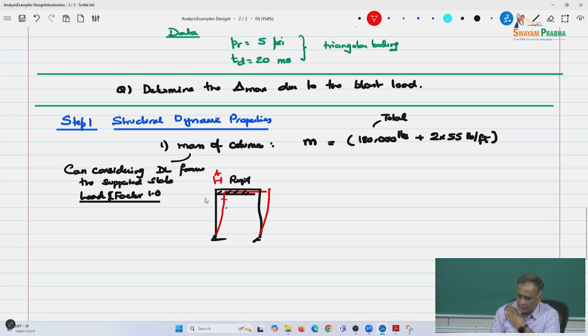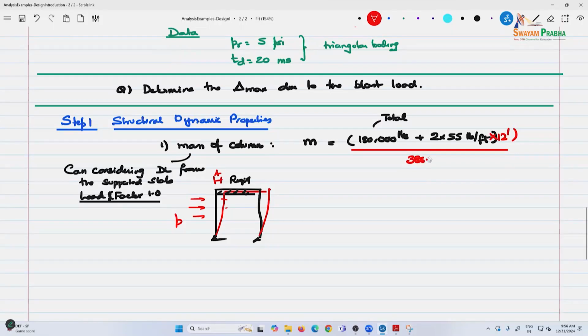So, both columns, although the pressure is coming on one side, as far as the structure is concerned, that is another decision you make. Sometimes in elemental design, if you are designing the cladding, then you are just considering the total pressure and that element alone. Here the whole structure comes into play.